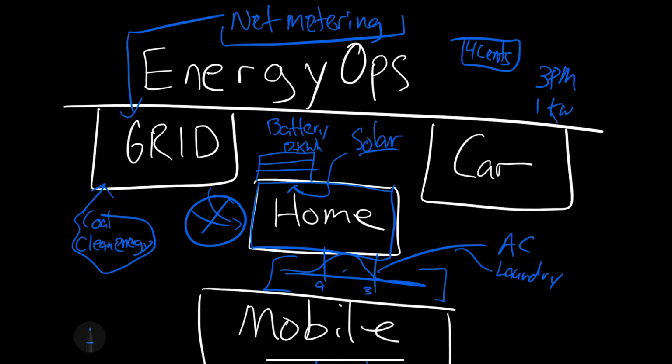What's great about this is that you can decide, using your mobile technology, how to tell your system to work. In fact, the Tesla battery backup system has something called time of use, and you can tell it to emit the energy when there's a peak range, so that you never have to pull from the grid.